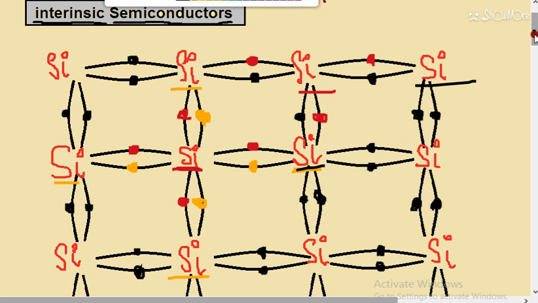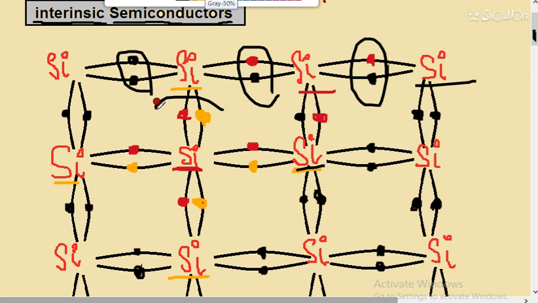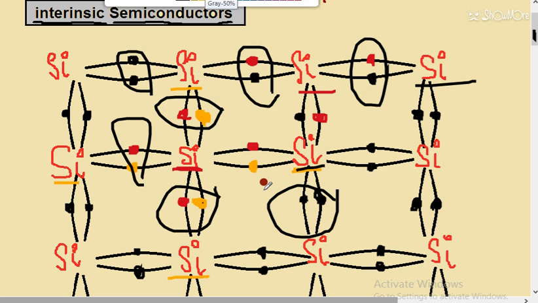So this is the diagram and this is the bond. These all are covalent bonds. So no electron is free there. You can see these all are covalent bonds of two electrons. So two electrons together make one covalent bond.